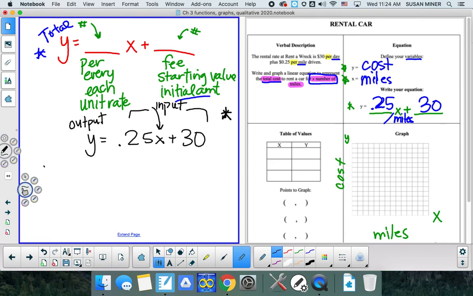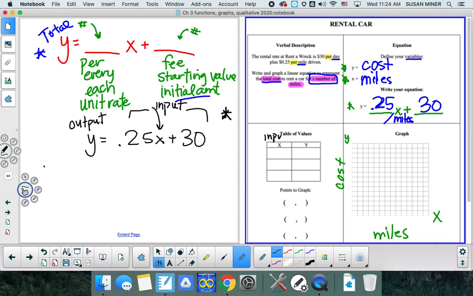I'm going to list an input here, and an output over here. And this is going to be my miles, and this is going to be my cost. So we can go ahead and label all of our X's and Y's now, right? They all correspond to each other. My data corresponds to my graph, which corresponds to my equation.